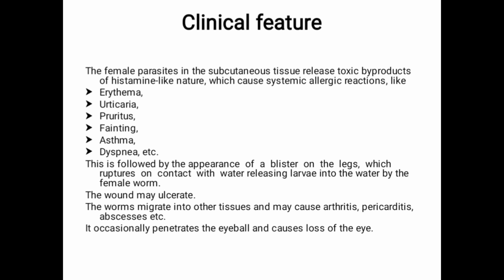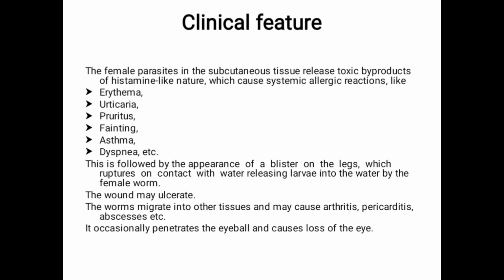The wound may ulcerate. To ulcerate is to become open, and it looks like what? Like your lips, let's assume somebody who has pinkish lips. That is ulceration. It becomes a wound. The worms may get into other tissues and may cause arthritis, pericarditis, and abscess.